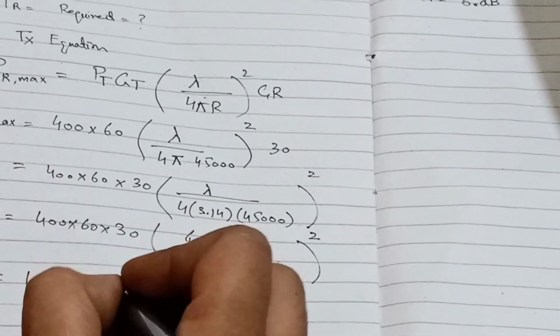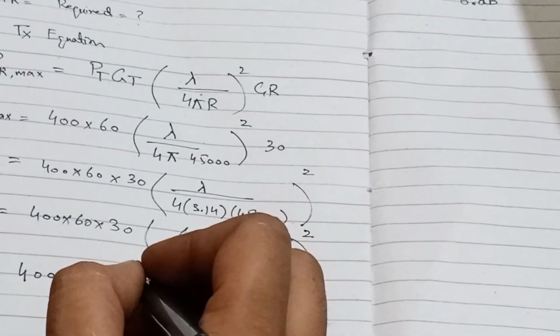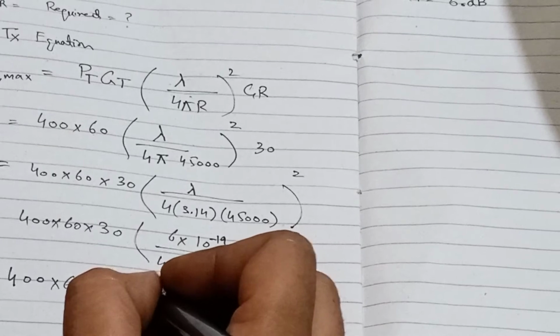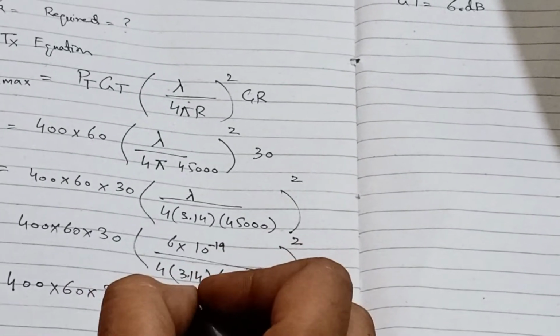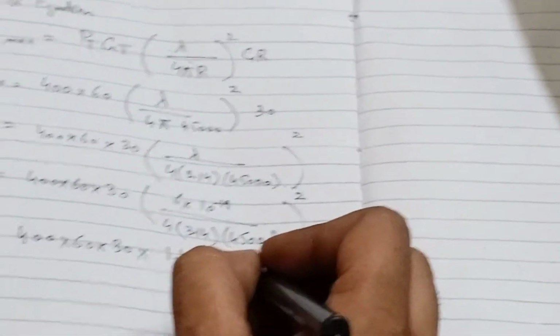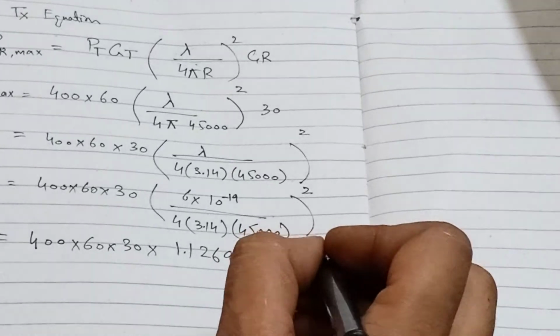Simplify it a bit more, and what we get is multiplied by 60, multiplied by 30 into, you solve this thing, and out of it what you get is 1.12693 multiplied by 10 raised to the power minus 28.